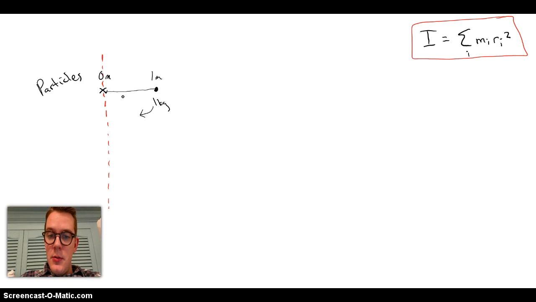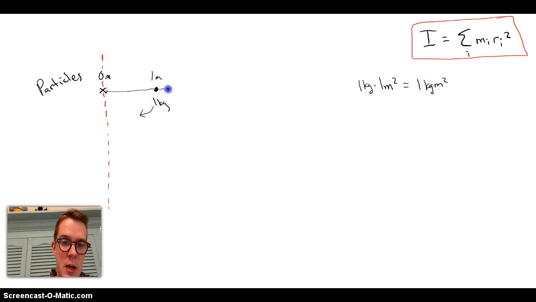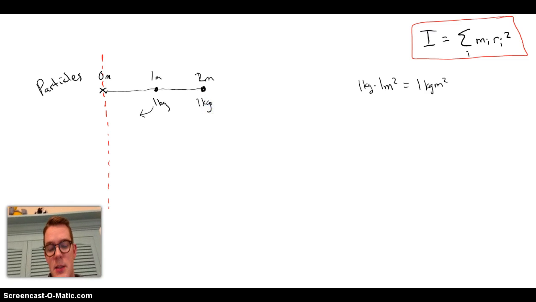And so if I want to do the moment of inertia calculation, here's the equation. So that would be 1 kilogram times 1 meter squared. So I'd get 1 kilogram meter squared. So now I'm going to add on another particle here, again with a massless beam. And we're going to say it's another 1 kilogram.